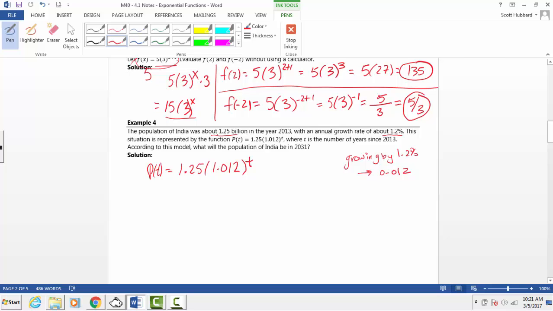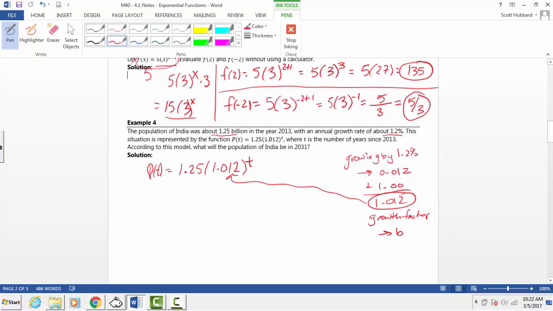So we add that to 1.0, and we get 1.012. This is the growth rate, the growth factor. Basically, this is the b in the b to the x, or the b to the t. So that's why this gets put right there. Okay, so that explains it.